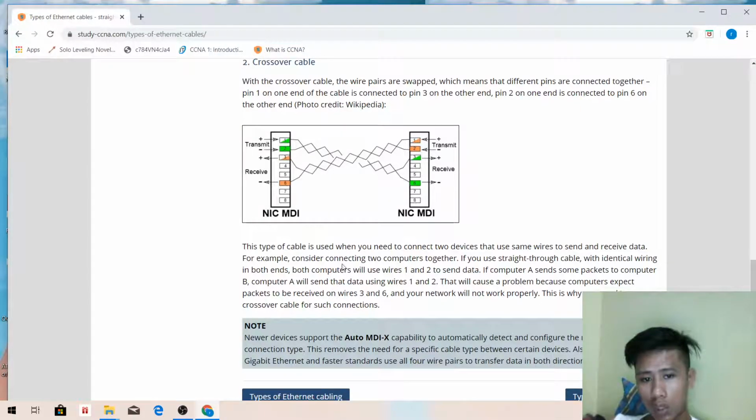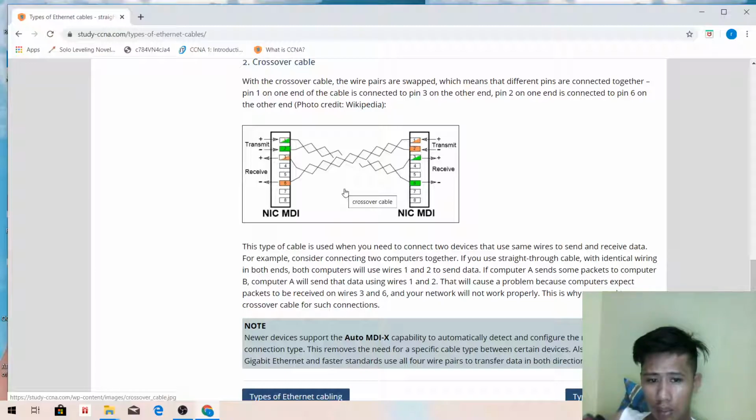For example, consider connecting two computers together. If you use a straight-through cable with identical wiring on both ends, both computers will use wires 1 and 2 to send data. If computer A sends some packets to computer B, computer A will send the data using wires 1 and 2.